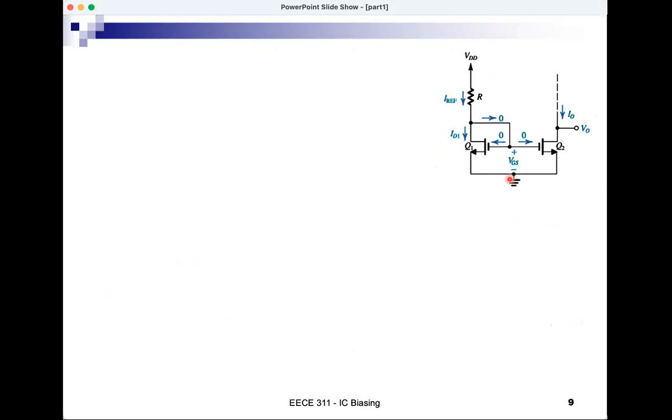And we said that the output current is a fixed current as long as the voltage at the output node is larger than VOV. And it's fixed because it's the ratio of dimensions times IREF, and IREF is fixed because it's determined by the left half of the circuit. Very good.